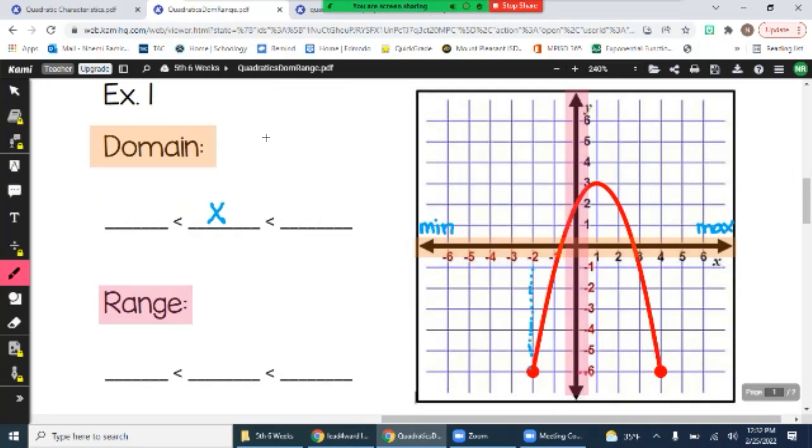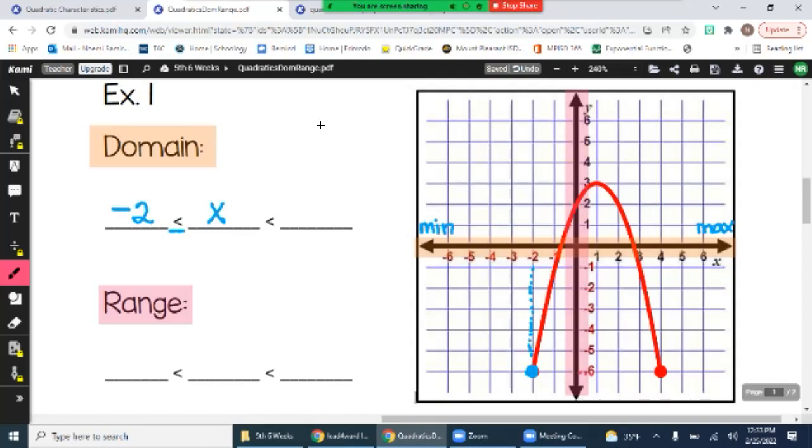And it lines up with -2. That's why we're color coding. Right now, we're trying to find the domain, so we're going to line it up with the yellow line. Now, what kind of end point do we have? It's closed. So that means we have to underline it.